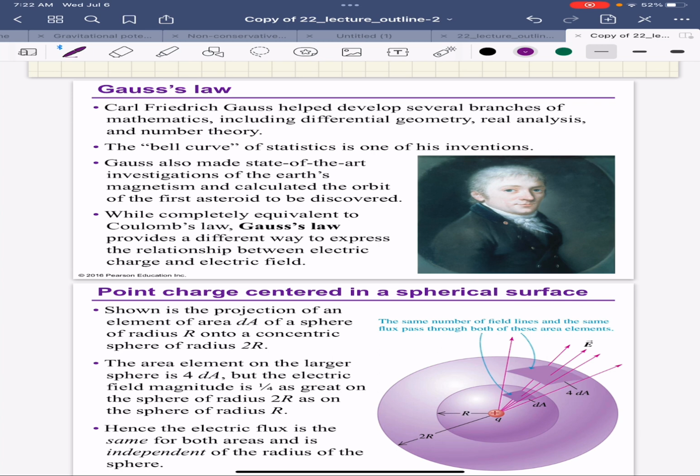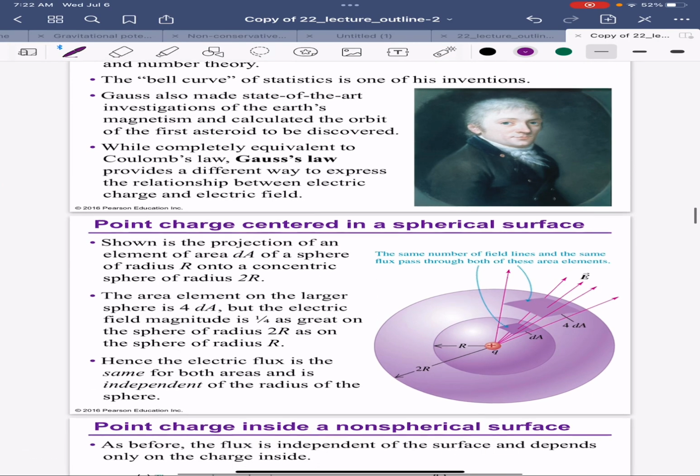I will say here, Gauss's law is another way, very similar to Coulomb's law, to calculate the electric field and express a relationship between electric charge and electric field.